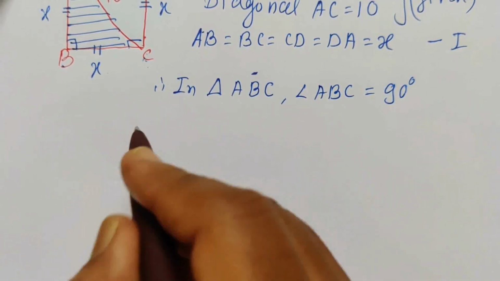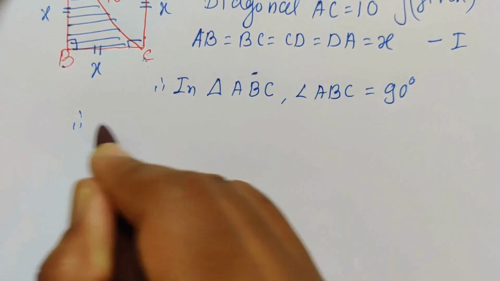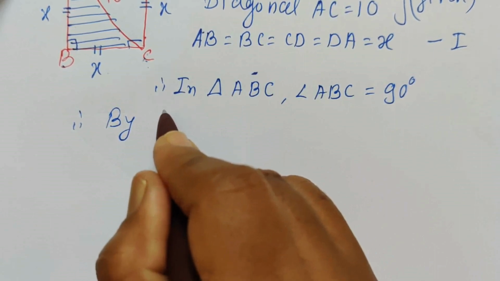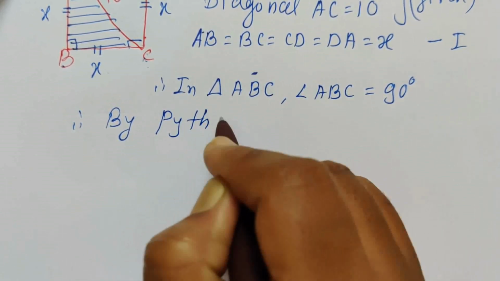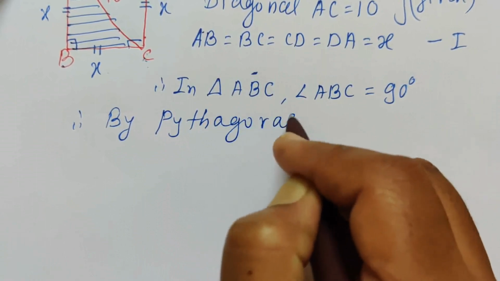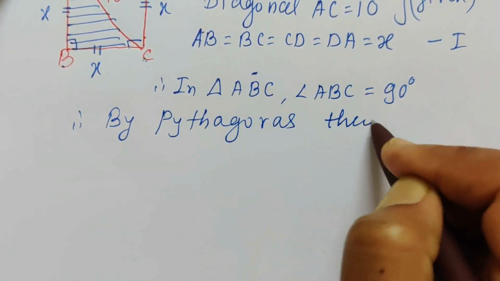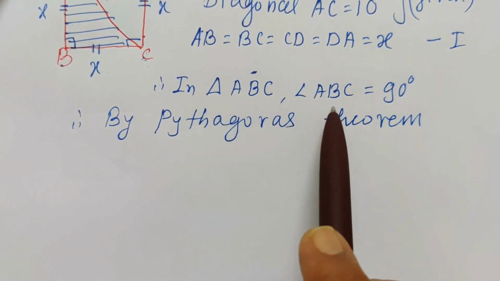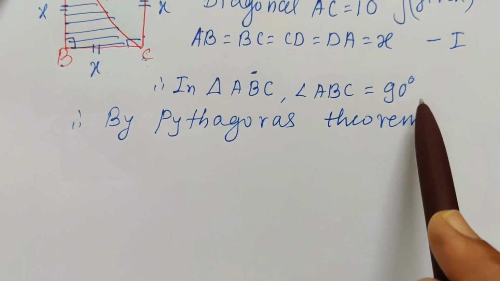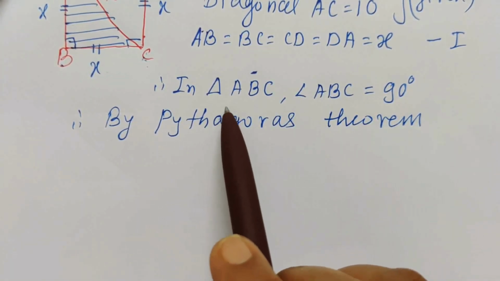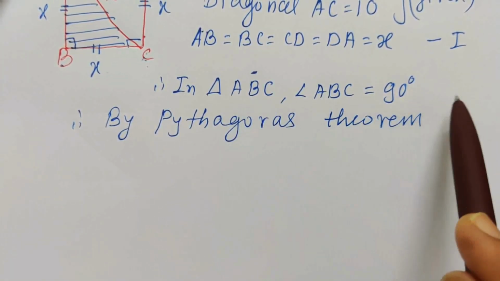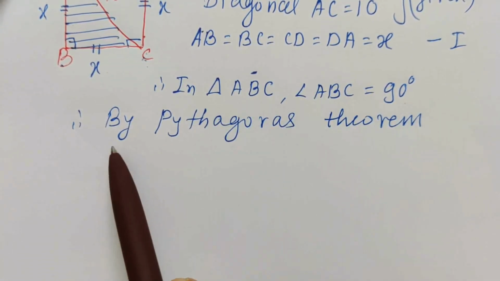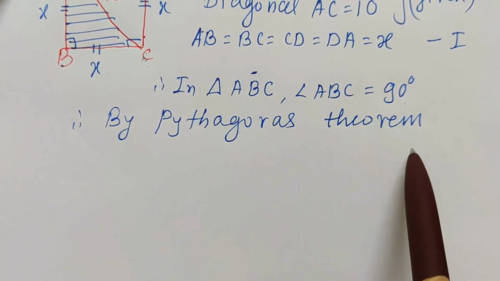So by Pythagoras theorem, this way you can write. See, here I wrote in triangle ABC, angle ABC is equal to 90 degrees. You can write triangle ABC is a right angle triangle. This also shows that it is a right angle triangle. So directly you can start with the Pythagoras theorem.